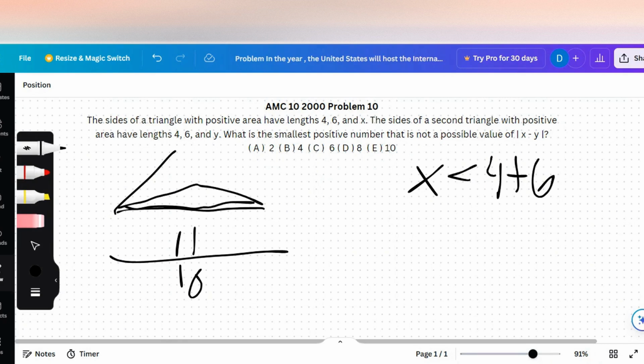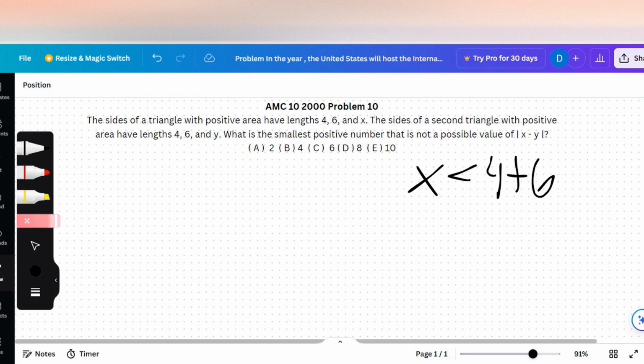It would be one off. So we already know that: a side of the triangle can't be more than the other two sides.